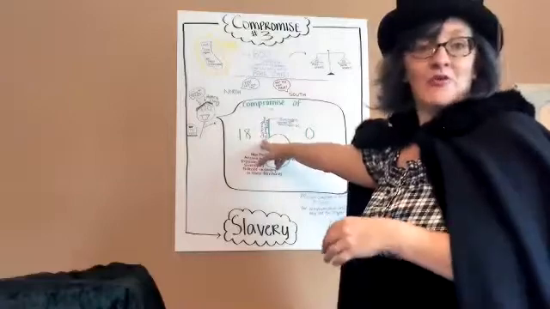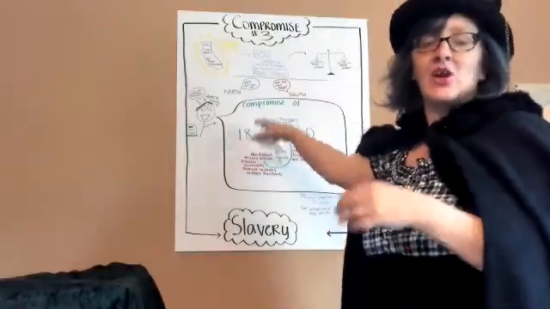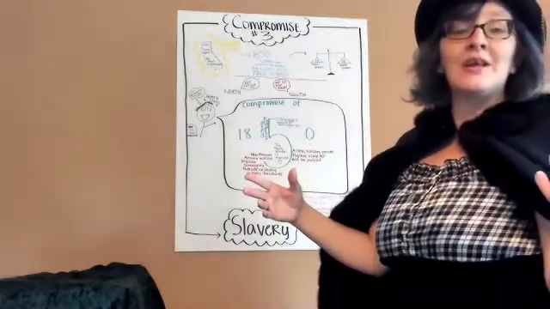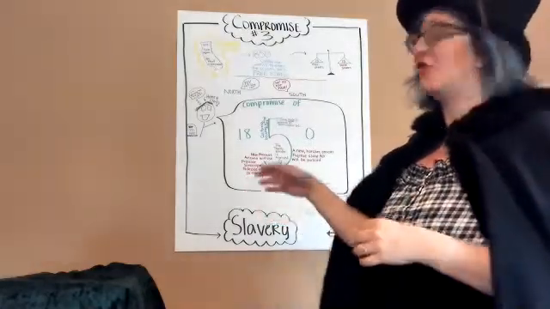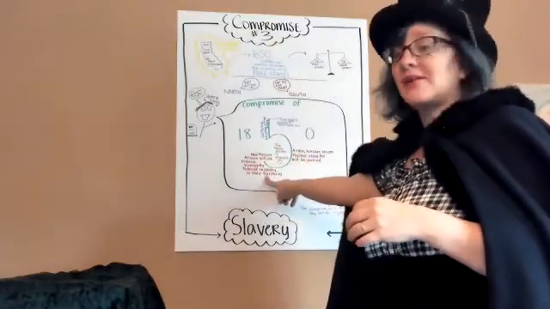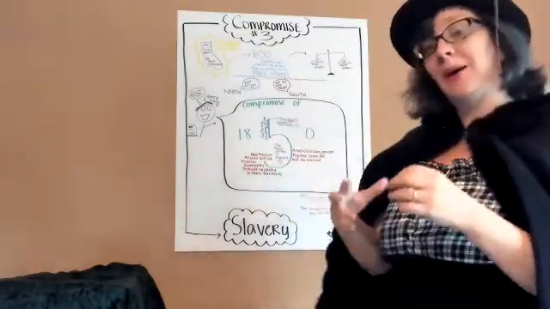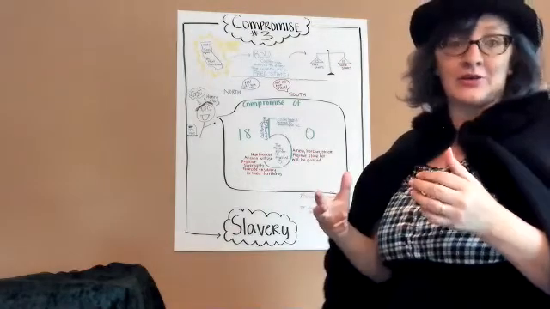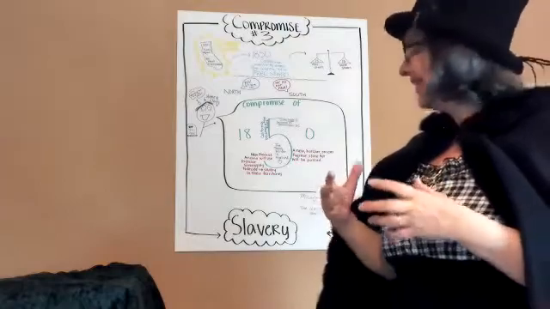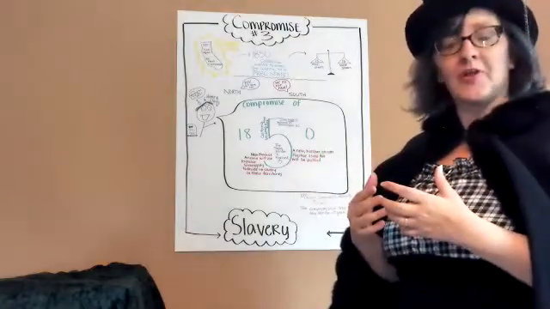And secondly, California is going to enter as a free state, a massively large free state. As we know, it'll become one of the most populous states in the nation. Then the South is going to get 2 things. New Mexico and Arizona are going to get to use popular sovereignty to decide slavery in their territory. This is important because it sets a precedent that leans more toward the South for other territories.